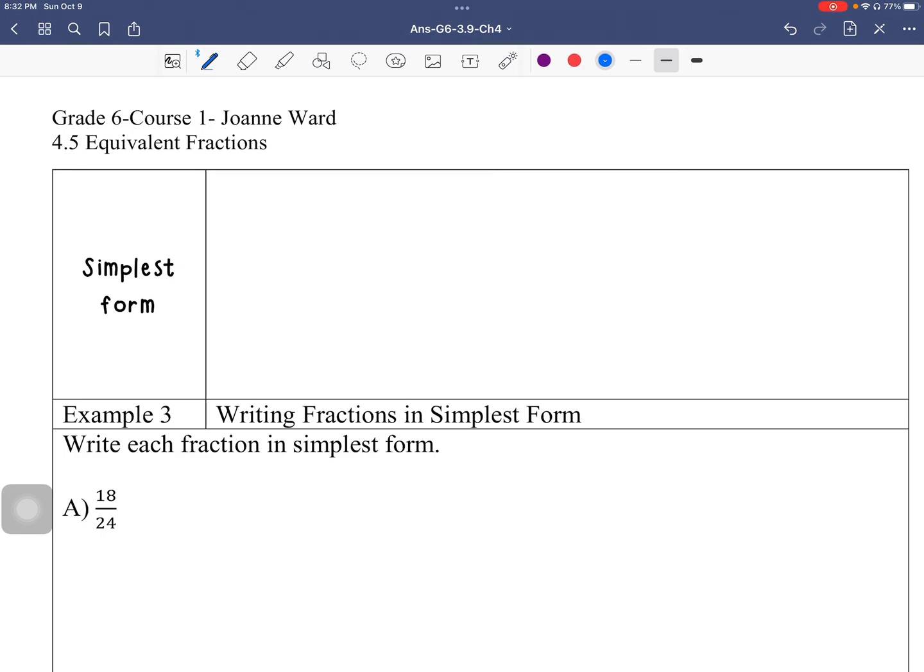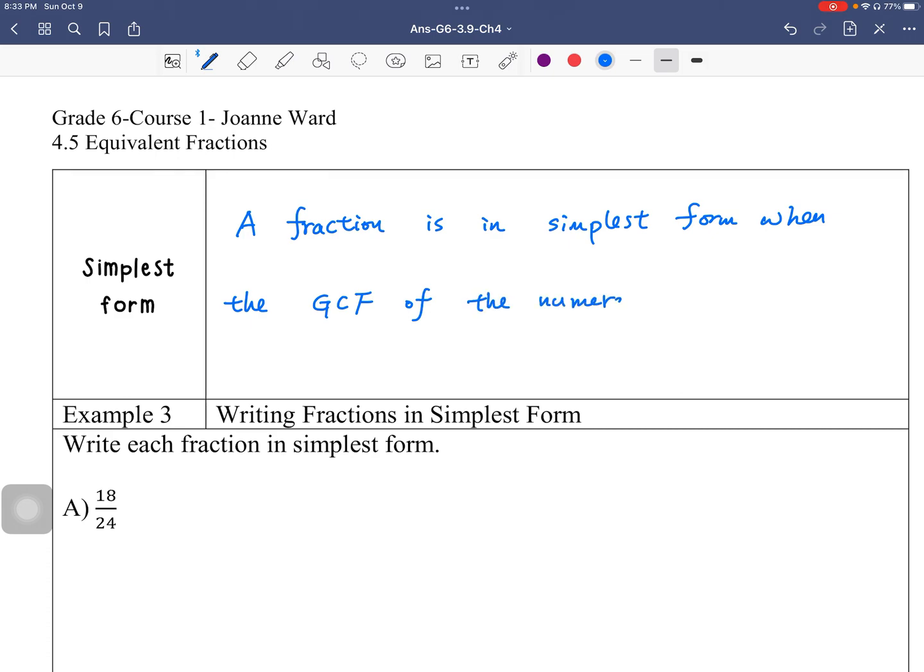So what makes a fraction in simplest form? A fraction is in simplest form when the GCF of the numerator and the denominator is 1.